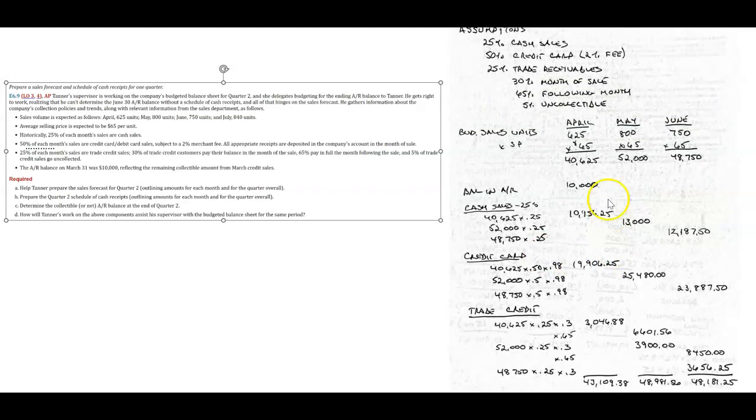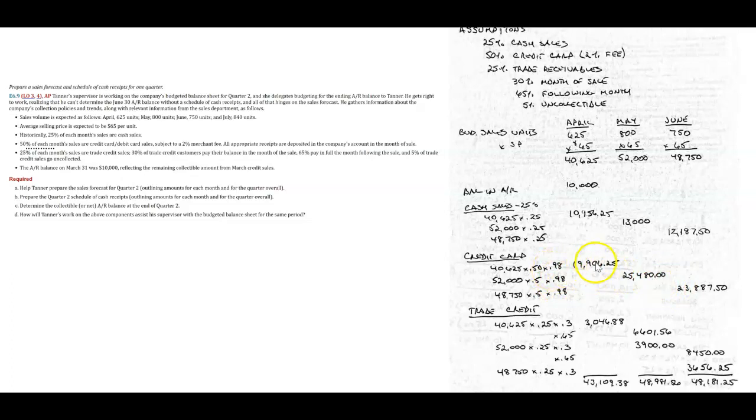Then for May, we've got 52,000 in sales, 50% of those sales are credit card sales, times 98% to account for the 2% fee that the bank holds back, so that's $25,480.